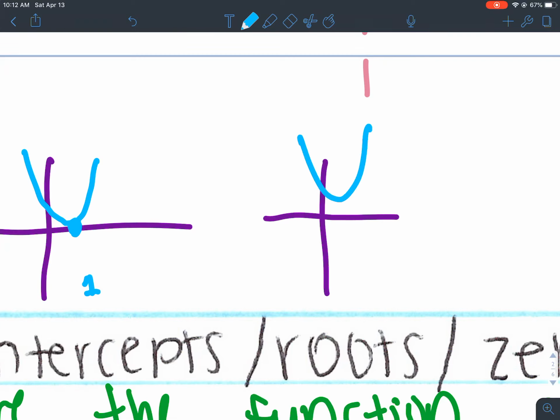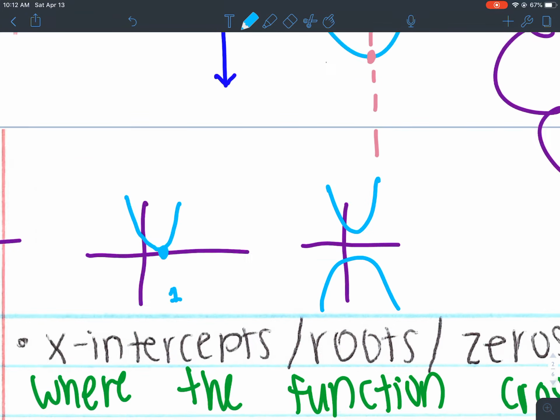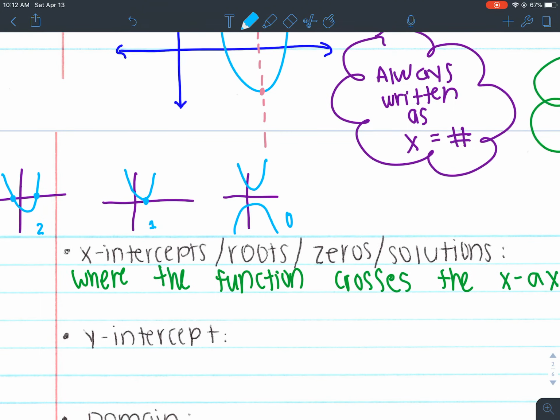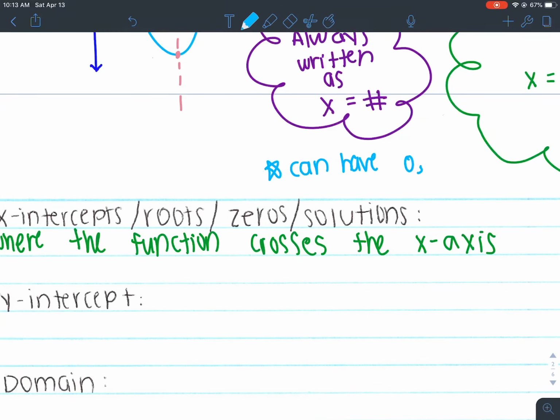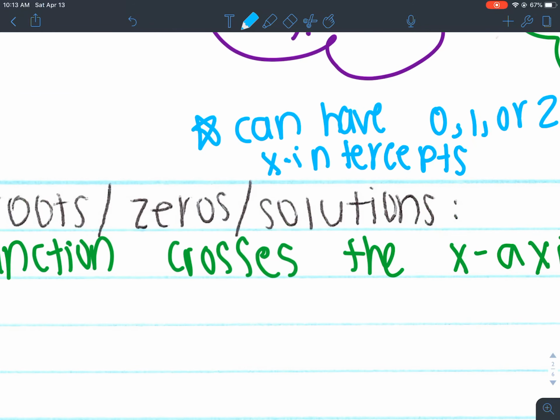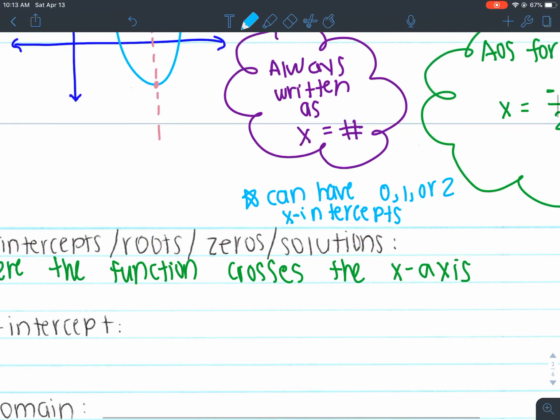I could have a parabola that's all the way up there, and it's going up and up and up, but it's never going to touch the x-axis. Or I could have one that's facing down like this. So I could have 0, okay? So you can go ahead and write this part here. You can have 0, 1, or 2 x-intercepts. So that's possible. If we're just talking about one quadratic, it's possible to have 0, 1, or 2.